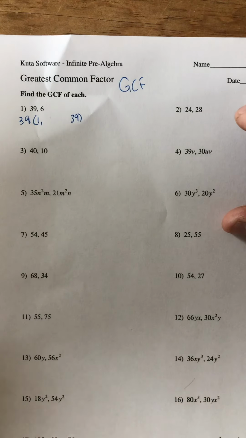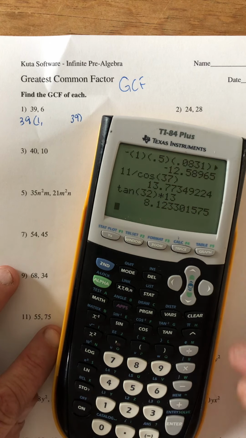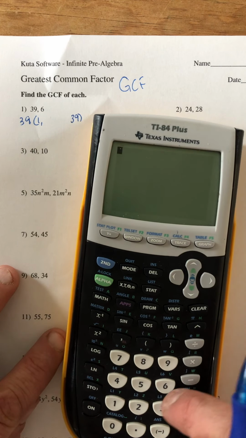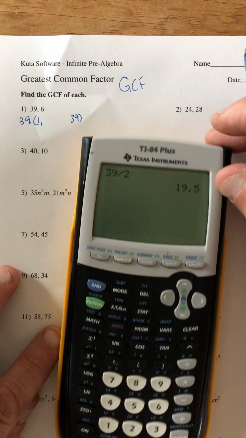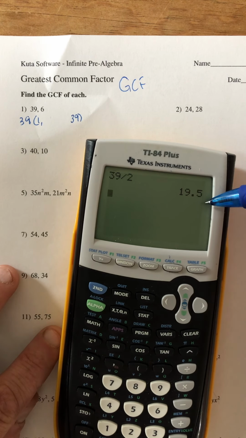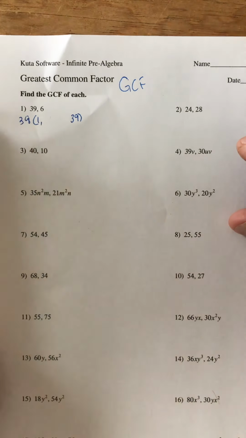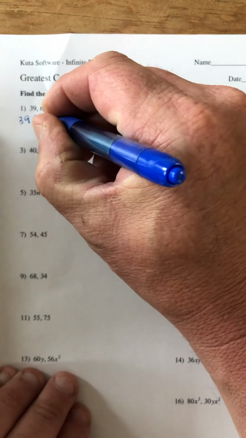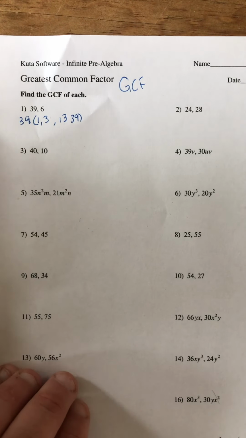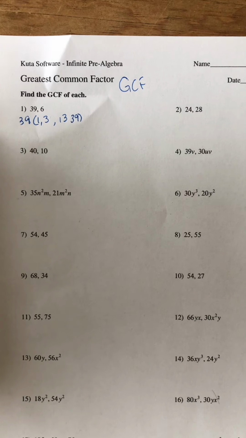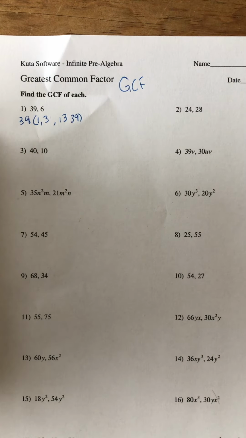Now the next number after 1 would be the number 2. Does 2 go into 39? Well, if you didn't know that, you can take 39 and divide it by 2, and you would see that you would get a decimal of 19.5. So that is not a factor of 39. If you take 39 and divide it by 3, you'll see that it goes in 13 times. So those are the only factors of 39. You have 1 and 39, 3 and 13.